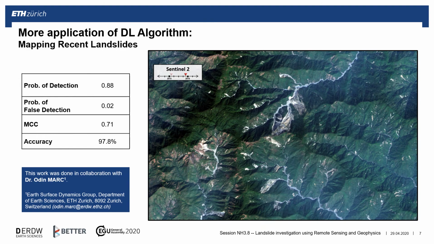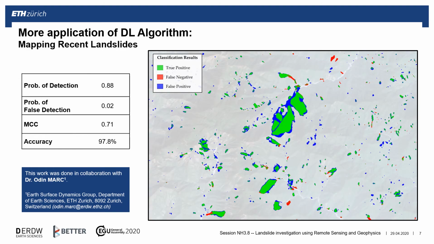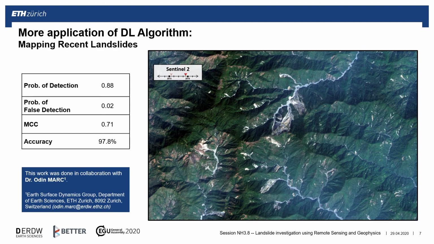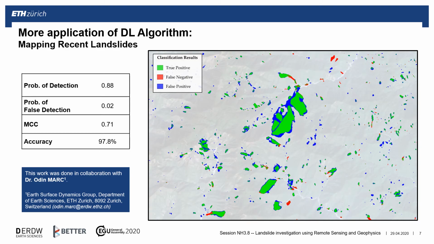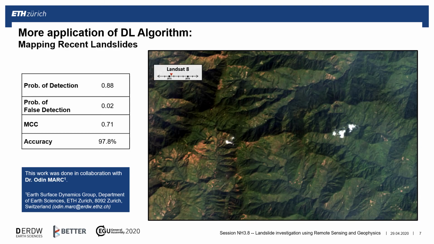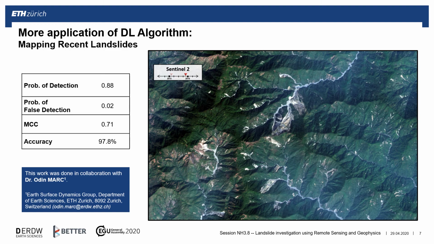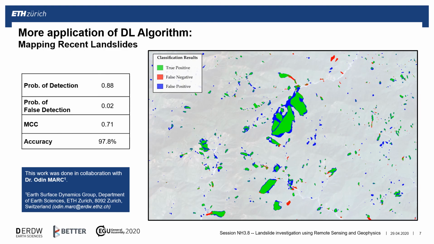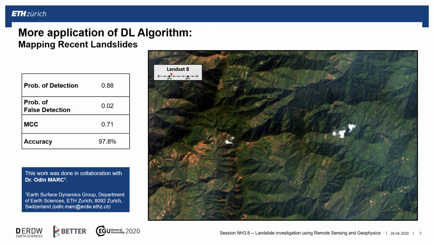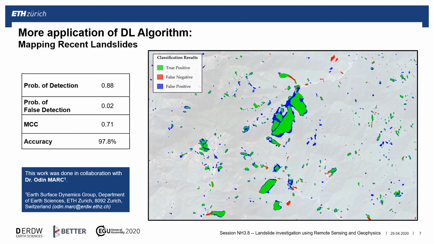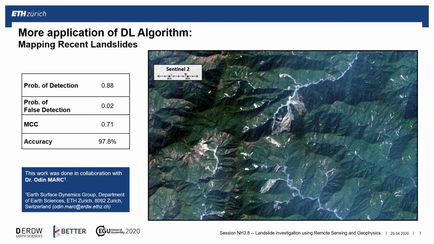We tested our deep learning algorithm in a totally new geo-environment setting. Here we try to map rapid and recent landslides which occurred as a consequence of heavy rainfall during the monsoon season of 2015 in Myanmar. We trained our deep learning algorithm on a set of before-event and after-event optical images, along with more information from the DEM.